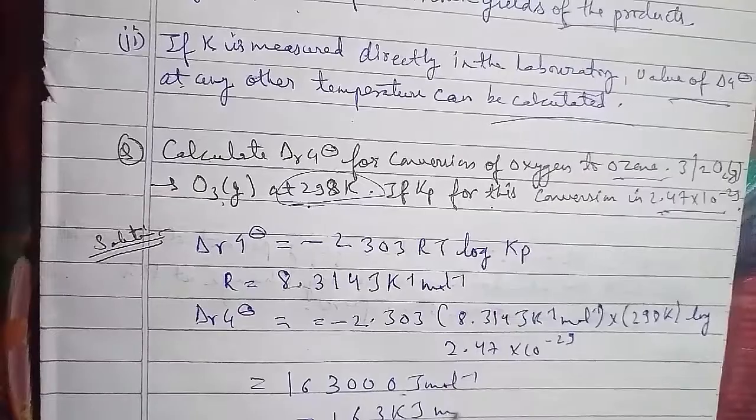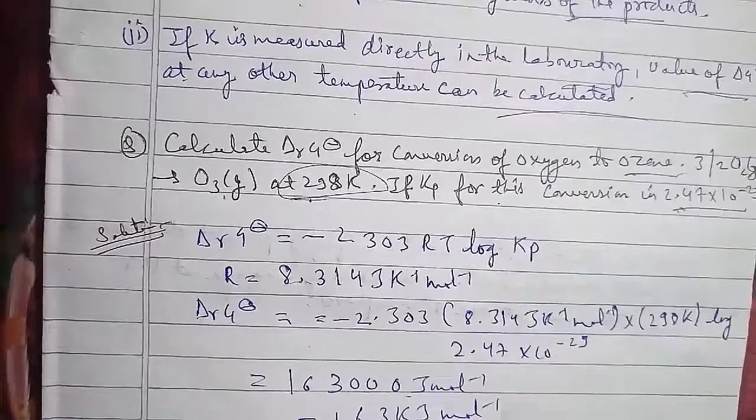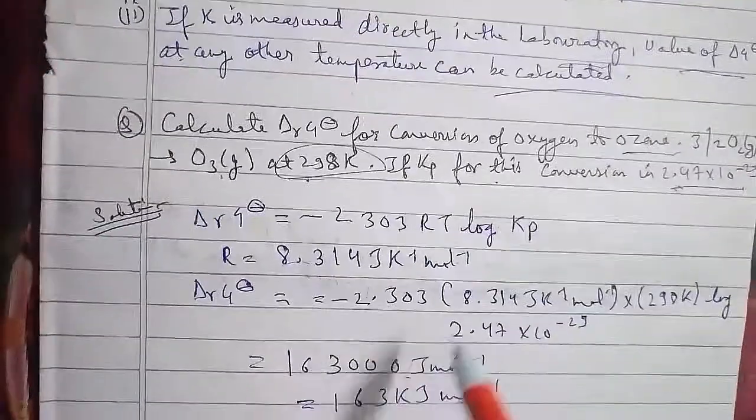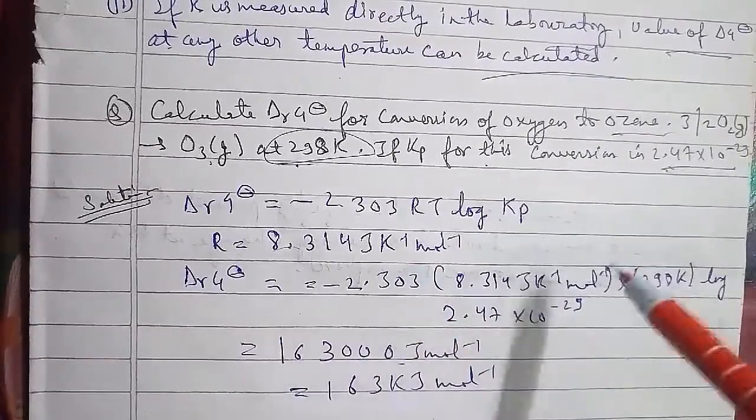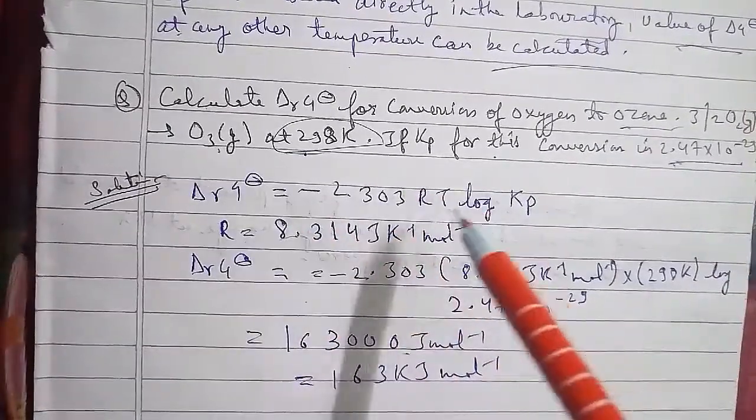Okay, so this is how you can find delta R of G, and calculate the conversion of oxygen to ozone at 298 Kelvin, for which they had given you the Kp here.